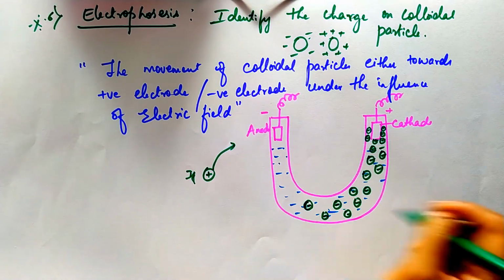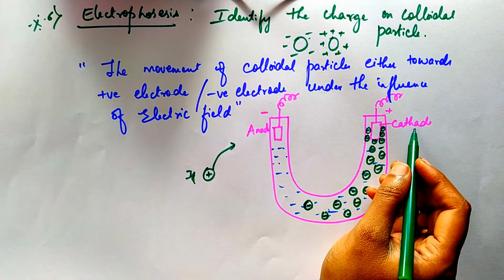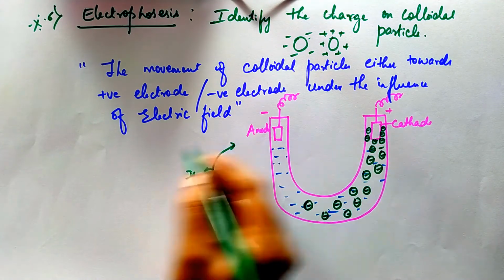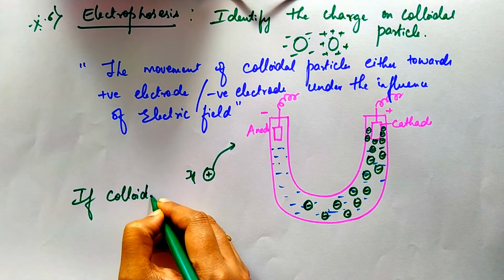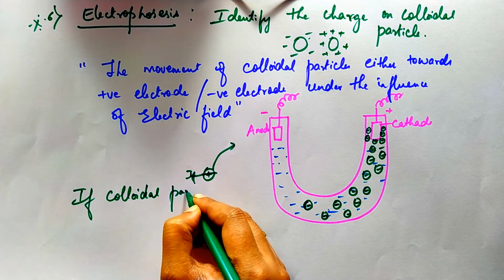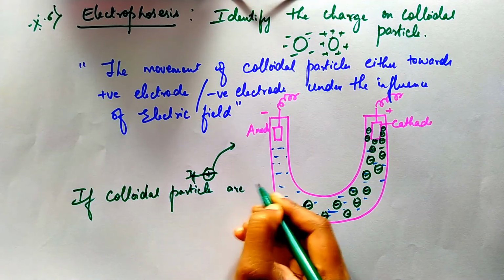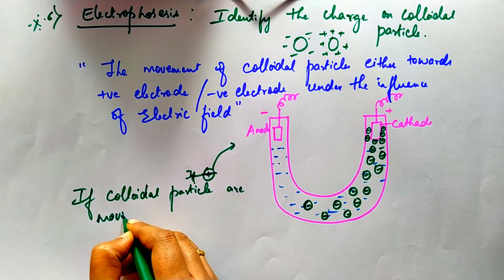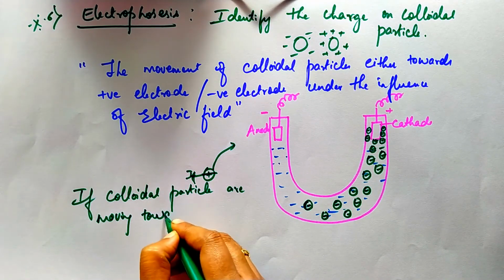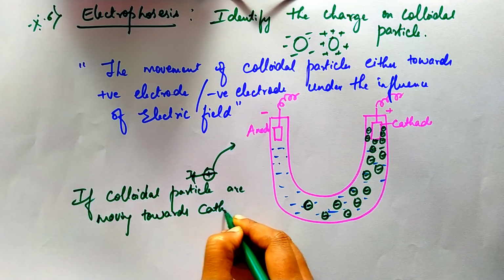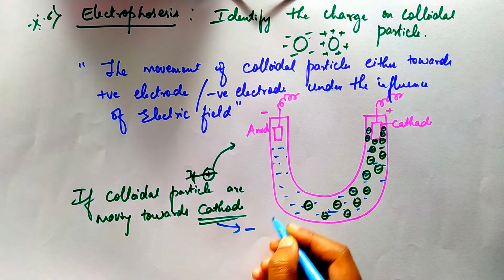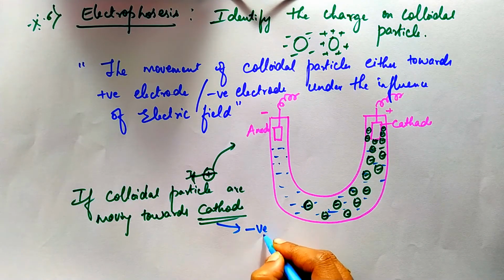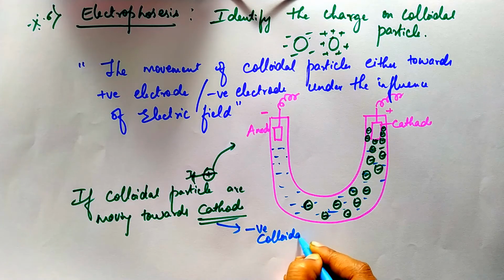If the colloidal particles are moving towards the cathode, that means the solution has negative colloidal particles.